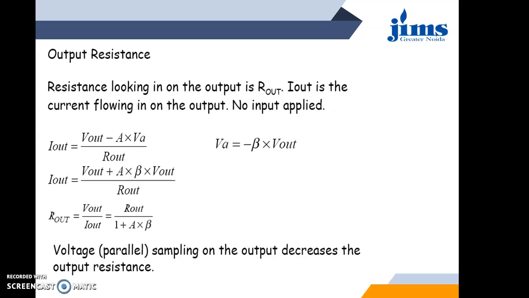We put the value of VA here and take Vout common, and Vout upon Iout becomes Rout, where the left-hand side is Rout with feedback. So Rout with feedback is equal to Rout without feedback upon 1 plus beta A. The 1 plus beta A factor comes in the denominator, therefore the output impedance is decreased.